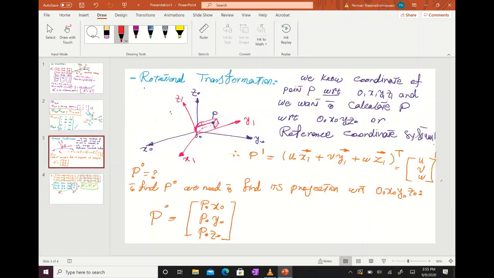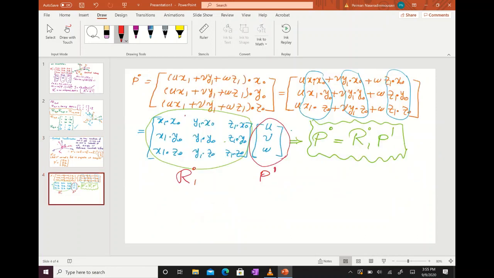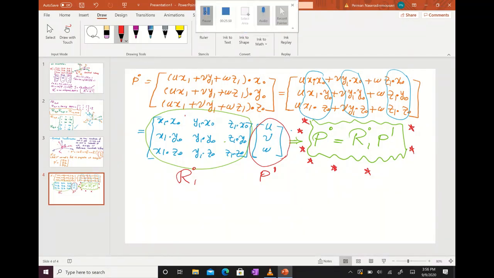Right here, P with respect to 1, and this is R1. So we write a very important mathematical statement for rotational transformation. Understand?